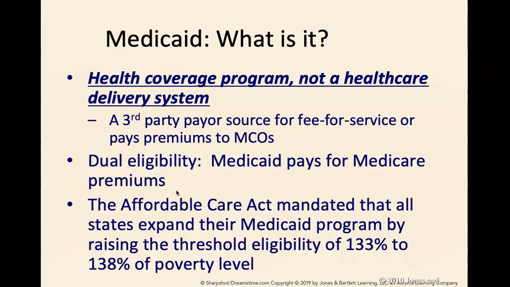So Medicaid is available for people whose income is 133% of the federal poverty level, and we'll explain that later. Expansion meant that if you're a state that agrees to expand your Medicaid program, you'll have to increase it to 138% of the poverty level.